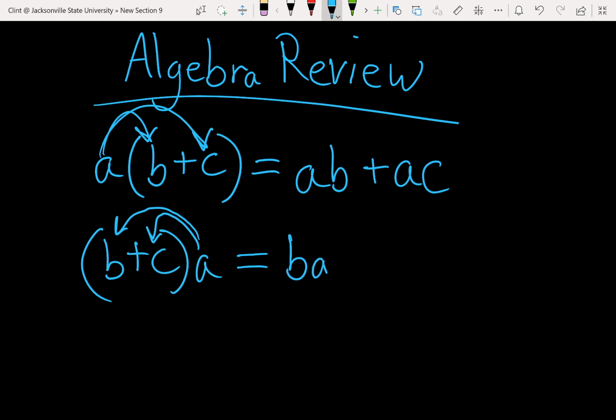You could write it differently, right? You could write it ba plus ca. But for us, with real numbers, the order doesn't matter, so they're really the same. If you're being real strict about it, you would call this left distributive property, this right distributive property. But again, with real numbers, order doesn't matter, so we'll just call it distributive.